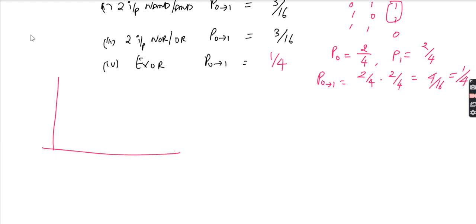See, this will be your inputs, and your y-axis is the switching activity. Now we can say number of inputs 2, 3, 4, then 5, 6, 7, 8.